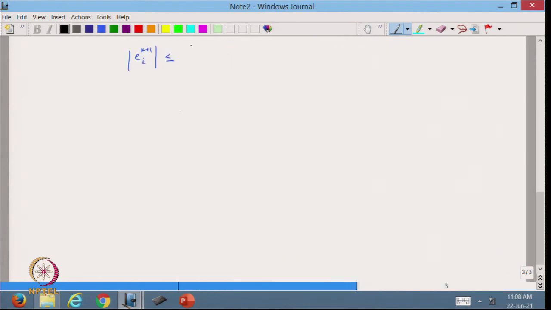So, I can write from here the summation of |a_ij| |E_j^k| divided by |a_ii|, and that is true for all j from 1 to n and j not equal to i.